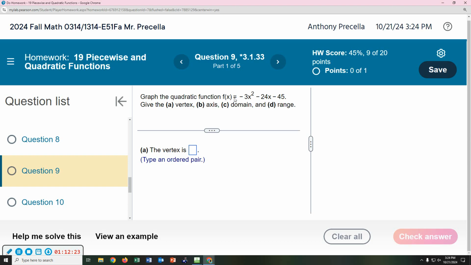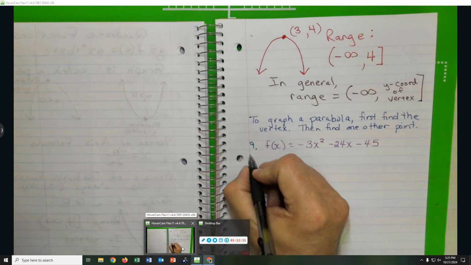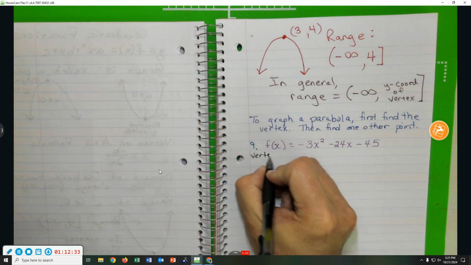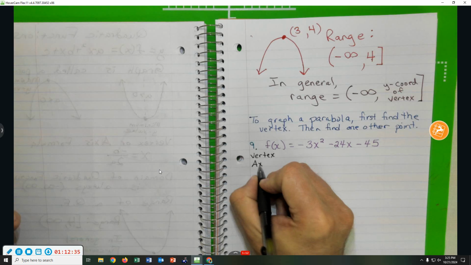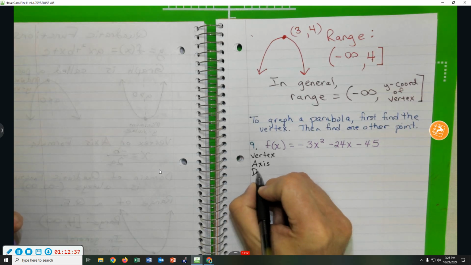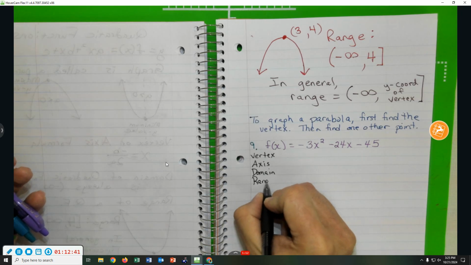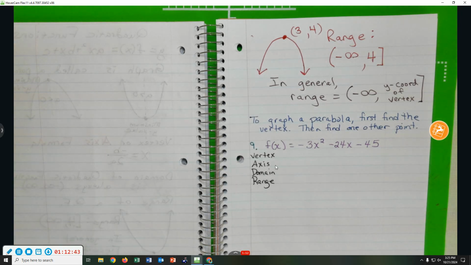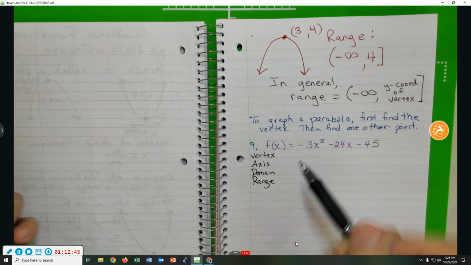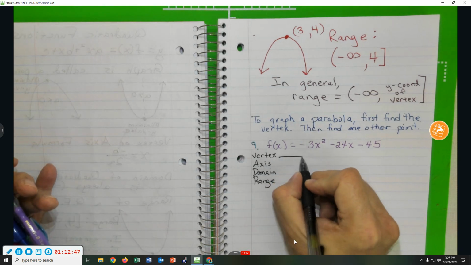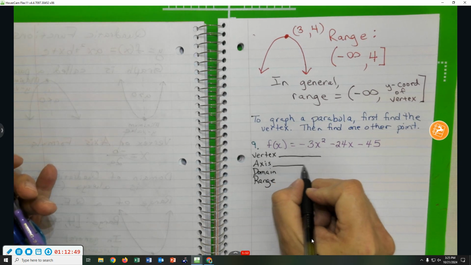This is the function, and we'll need to know the vertex, axis, domain, and range. I'll remember that. Vertex, axis, domain, range. Draw a blank for each one of them.